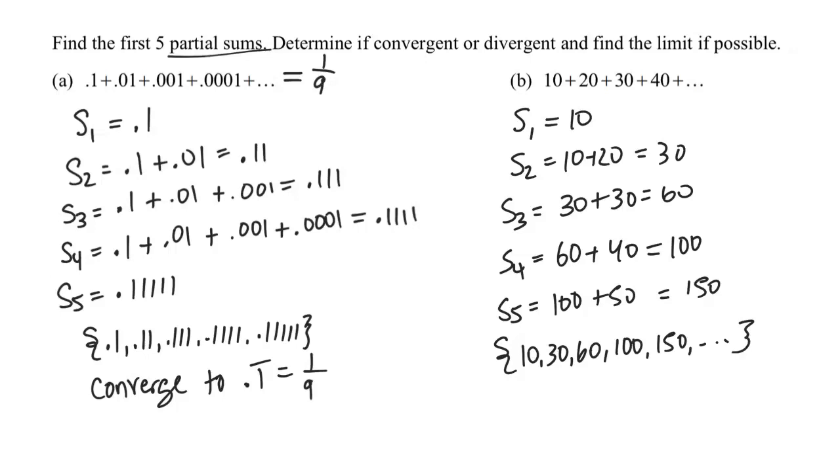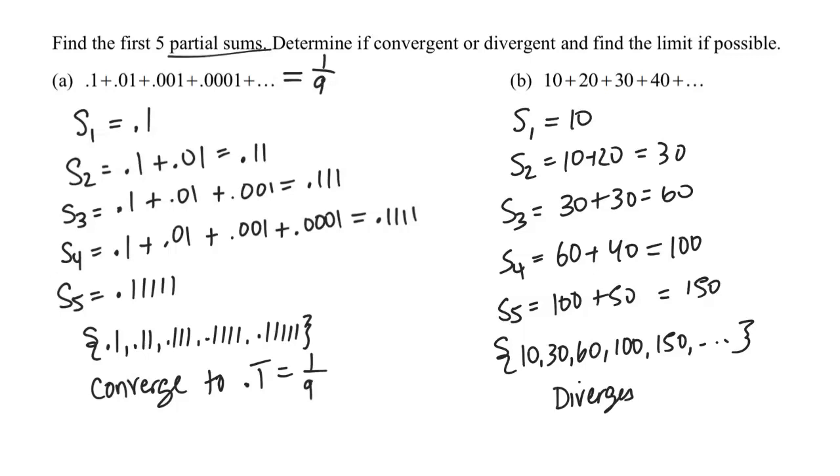And then we could keep going if we wanted to, but what we're going to see is that this sequence of partial sums does not have a limit. It's going to continue to increase without bound, and because of that, we say that the series diverges.